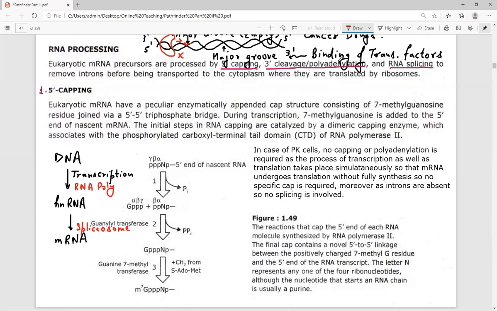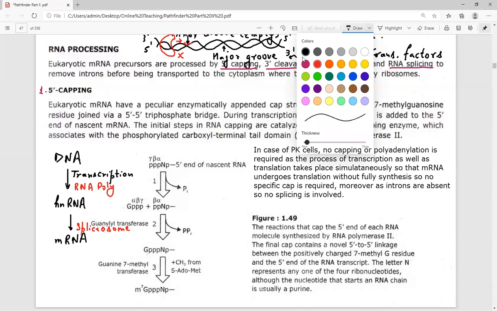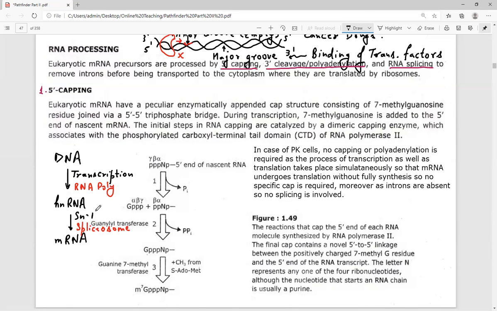This is the spliceosome complex. And the components that are involved are snRNA, small nuclear ribonucleoproteins, snRNPs. Okay, these are the components which are involved in the processing of hnRNA into the mRNA molecule.